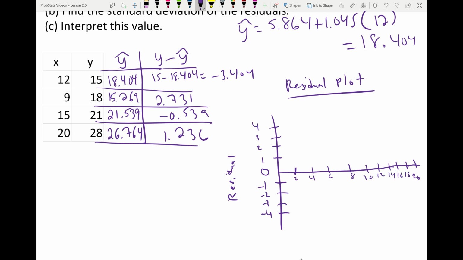All right, so for x equals 12, we have a residual of negative 3.404. So that's around here. For x equals 9, we have a residual of 2.731.